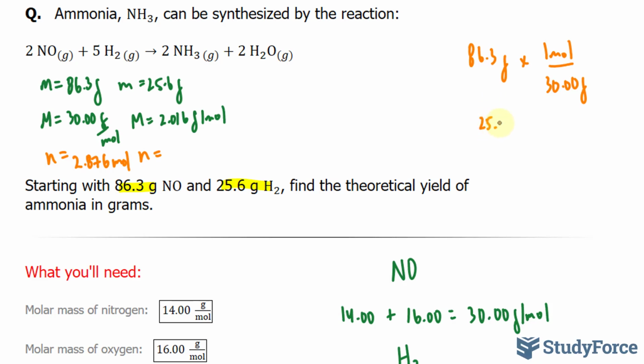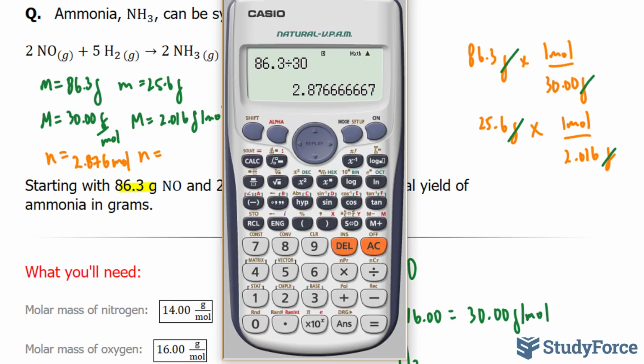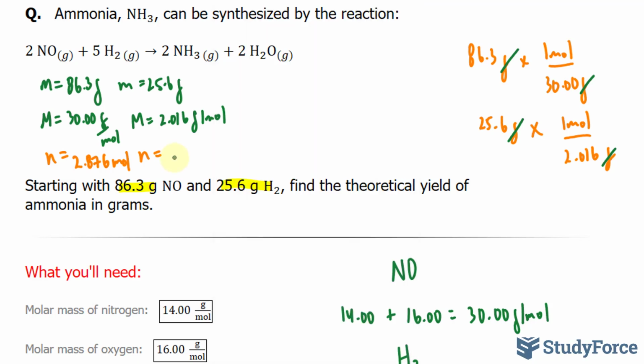The same calculation can be done for H2. I'll take 25.6 grams and multiply that by 1 mole over 2.016 grams. Notice that the gram units will cancel out. I'll show that up here too. We have 25.6 divided by 2.016, and that gives us 12.69 moles.